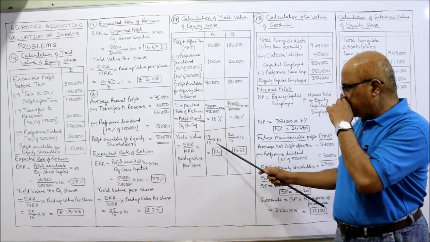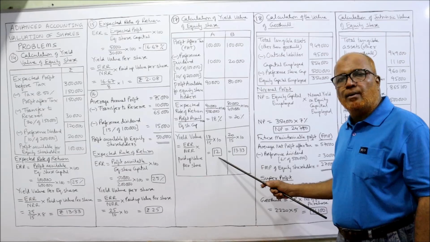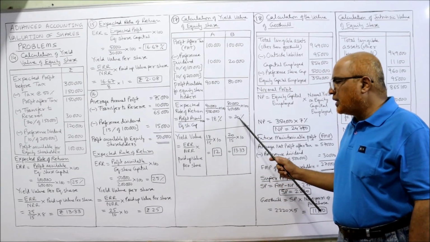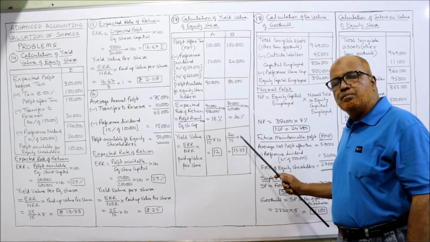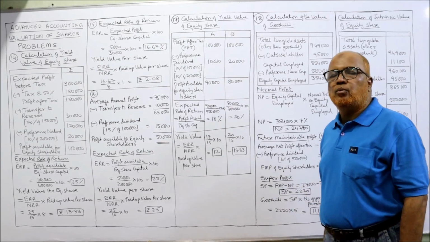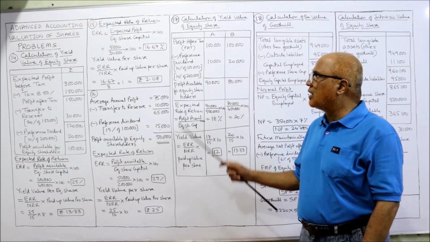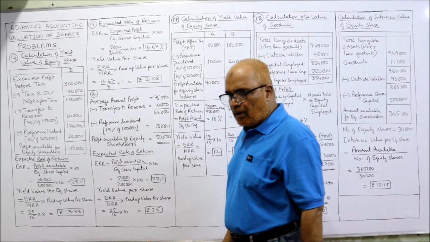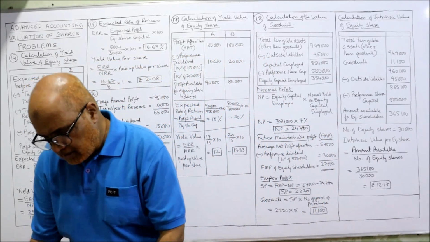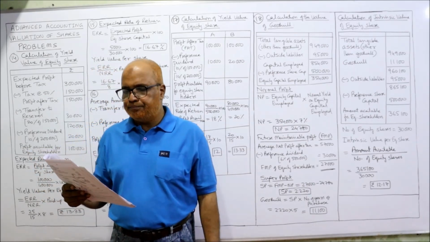So 18 by 15 into 10 gives 12 rupees, the yield value of A company. For B company, 20% is the ERR and NRR is 15%, paid up value 10 rupees. 13.33 is the yield value of shares of company B. That's it. 17th problem completed. Now the 18th problem. See carefully the 18th problem.